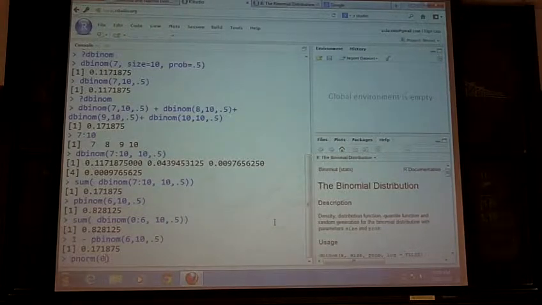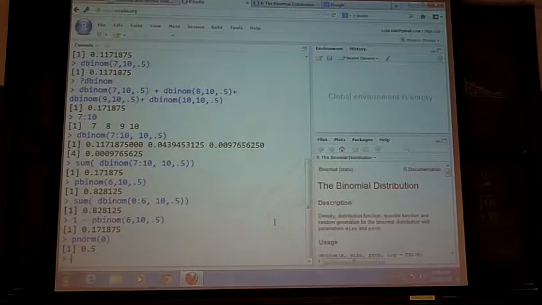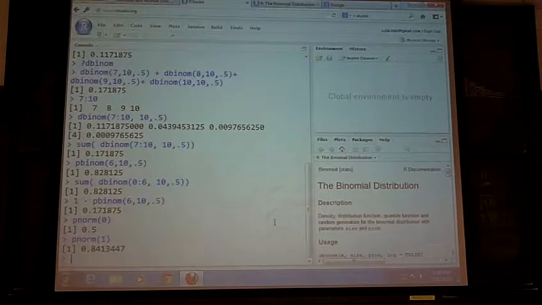If you put in pnorm(0), this is essentially saying, look up in the table a z-score of 0. So pnorm(0) will give me what? 0.5, right? If I look up a z-score of 0, it's going to give me 0.5. And I can do, what's pnorm of a z-score of 1? It gives me 0.84137.